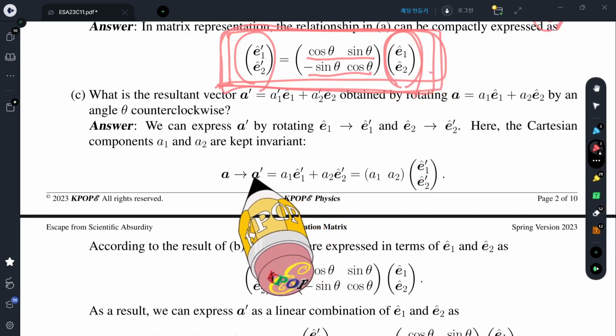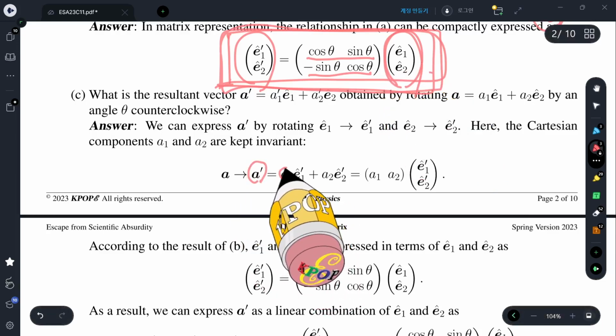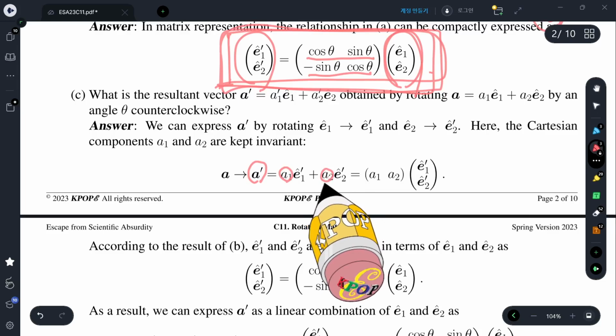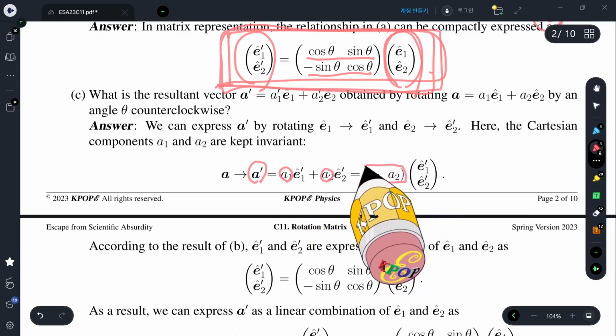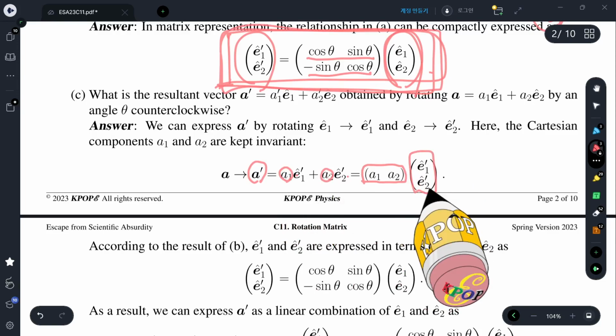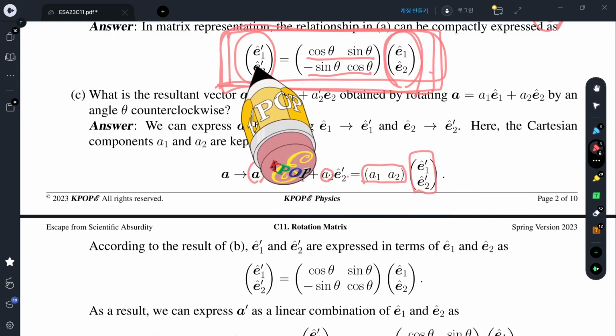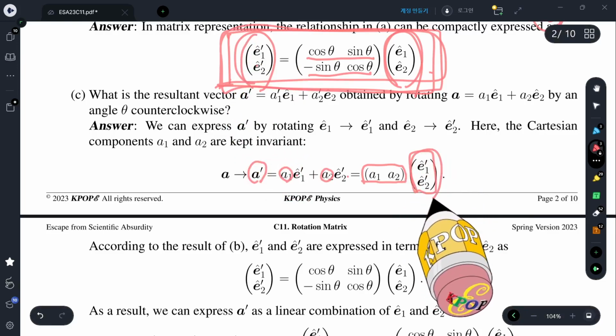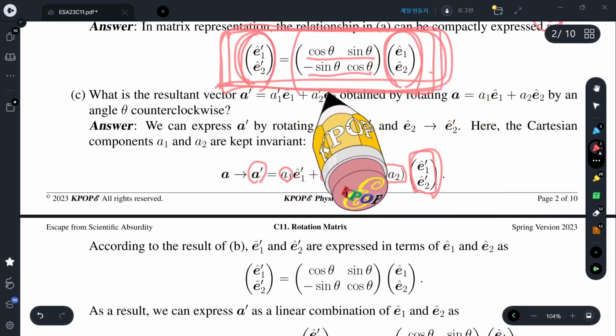Let's see. A prime, we can keep the original Cartesian components as they are and multiply by the new basis vector. However, I can replace this one with the right hand side.